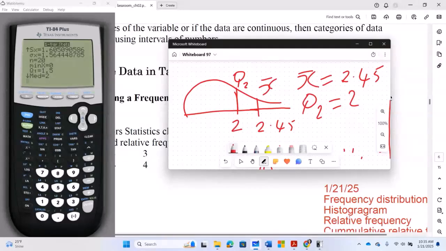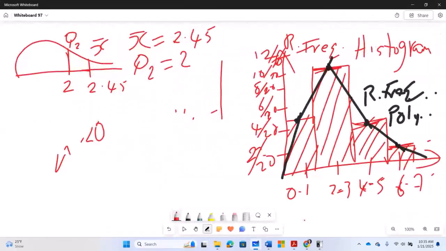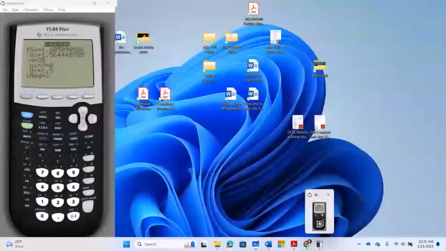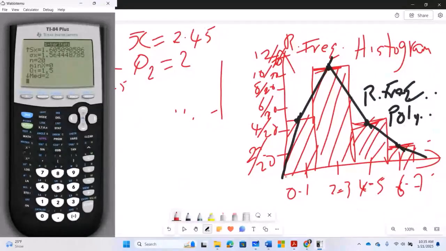I could also be told to find the interquartile range. Remember the other day we talked about the interquartile range. The interquartile range is Q3 minus Q1. So let's go ahead and find the interquartile range, IQR. Looking at my calculator again, I see that Q3 is 3 and Q1 is 1.5. 3 minus 1.5 is 1.5.